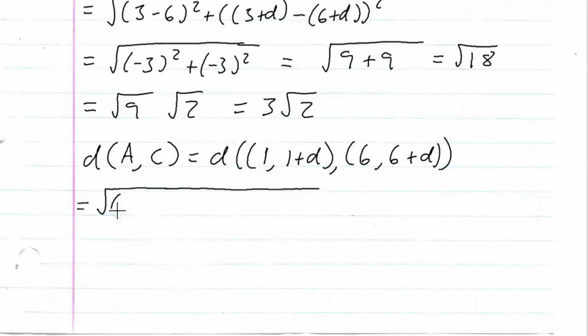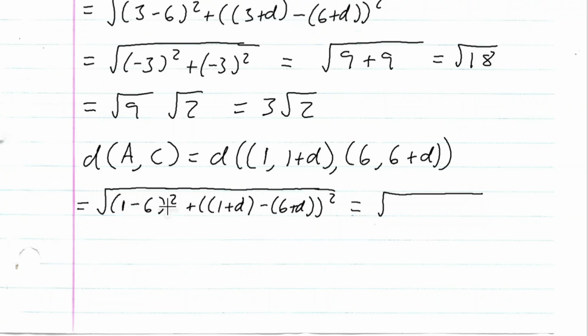So this will be (1 minus 6) squared, and then plus (1 + D minus 6 + D) squared. And this is going to be the square root. So this will be negative 5 here, negative 5 squared. And then the D's will cancel, and we're left with 1 minus 6. So this will be negative 5 squared as well.